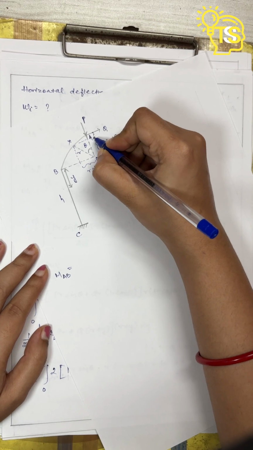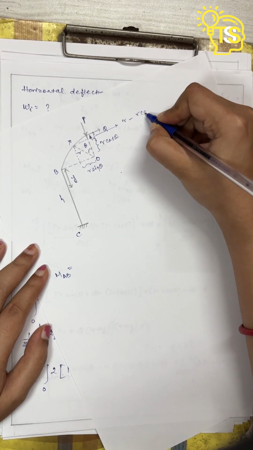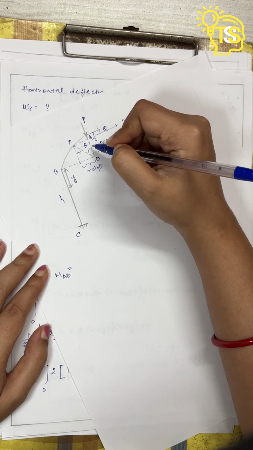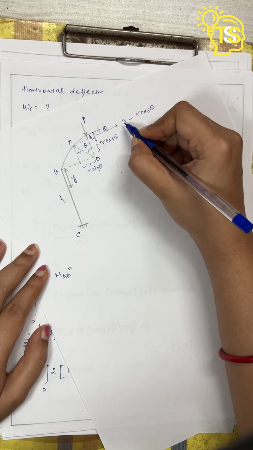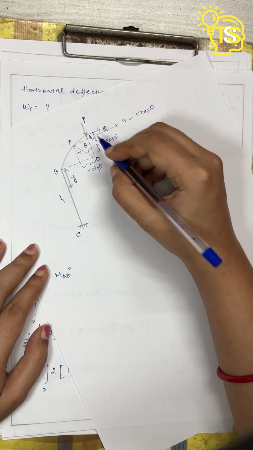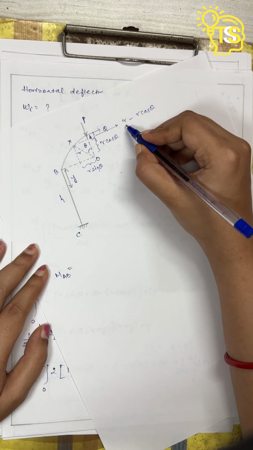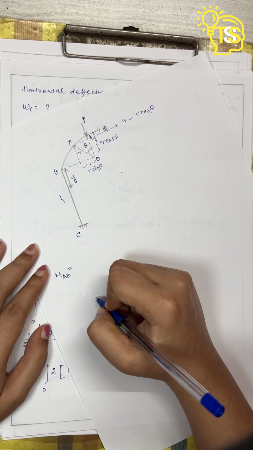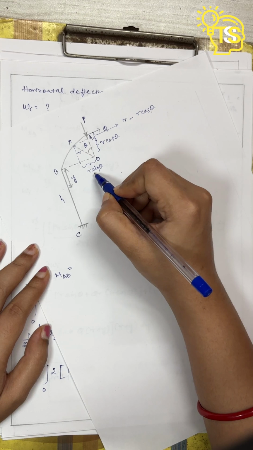And at this portion, the value is r minus r cos theta, because the value of this perpendicular line is the radius, that is r. So the radius minus r cos theta is the value of this portion. Now this is the effective length. Now let's calculate the moment at AB. Moment will be P into effective length, that's r sin theta.